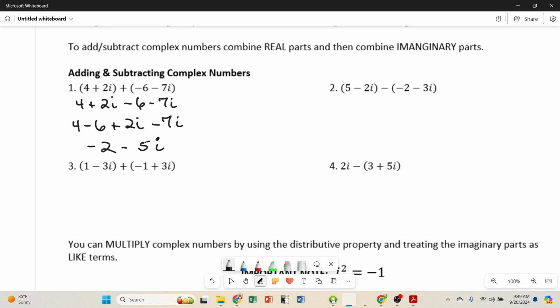When we're subtracting these values, we have to remember to distribute this minus sign. So when I clear my parentheses, I'm going to have 5 minus 2i minus negative 2, which becomes plus 2, minus negative 3i becomes plus 3i.